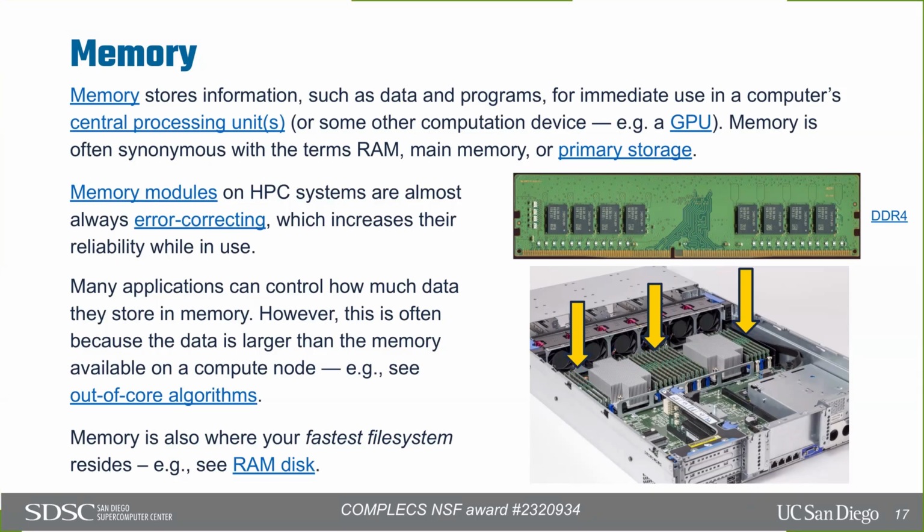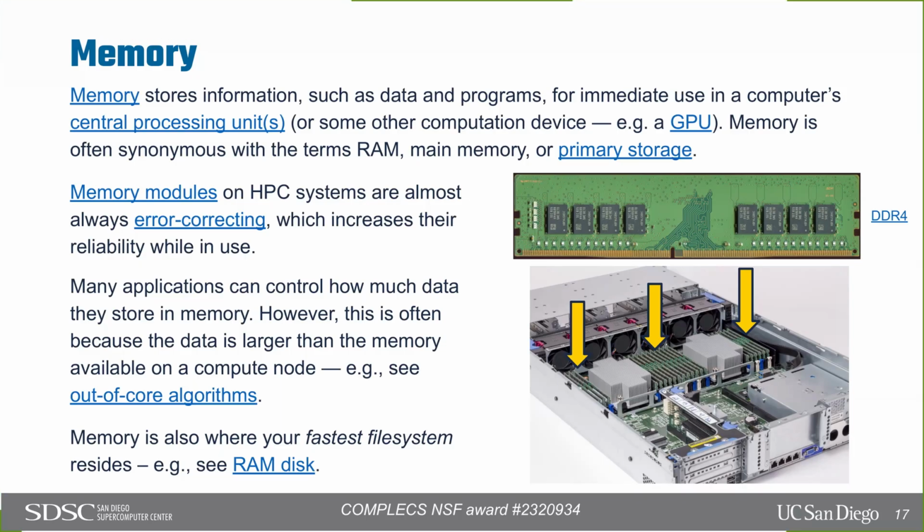So if your application needs lots of data while it's running, you might have a hybrid strategy where you store some data on one of these slower file systems, the non-volatile storage devices, and part of the data is in memory.